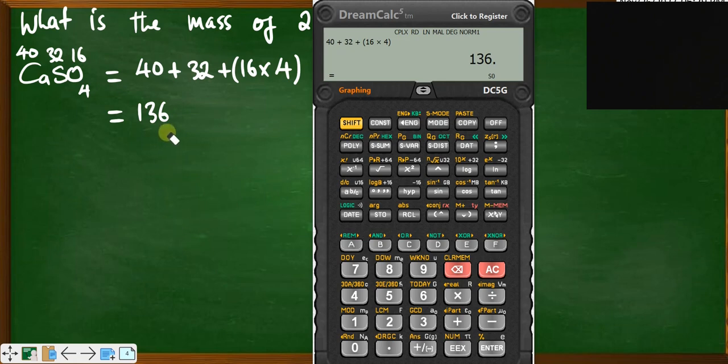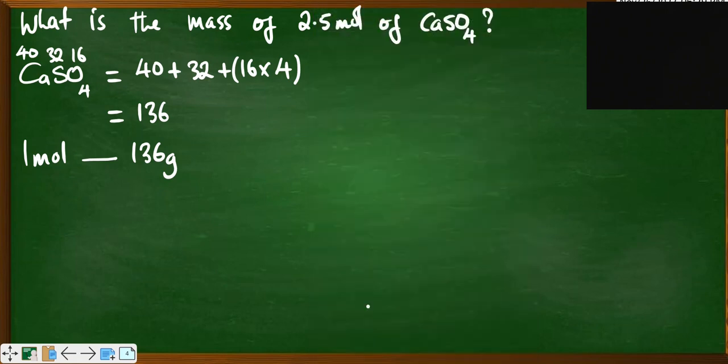Now finding the relative formula mass means that I have known the mass of 1 mole. If I have 1 mole of calcium sulfate, it will give me a mass of 136 grams, meaning this is the mass for 1 mole. Now I'm given 2.5 moles. So how about if you have given me 2.5 moles, what will be the mass here? I'll put x. Then I'll cross multiply.